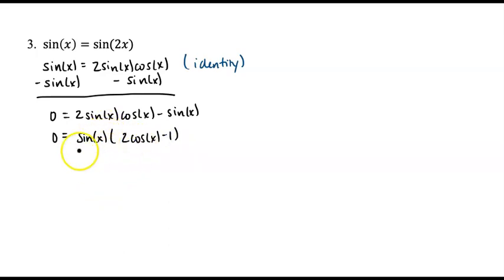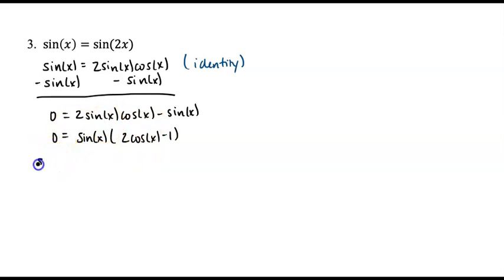And now using our zero product property, and again, the zero product property states that if I have two things that are multiplied, and I'm saying that two things multiplied gives me 0, then either one of these, if set equal to 0, would also give us 0, because we know that 0 times anything is 0.